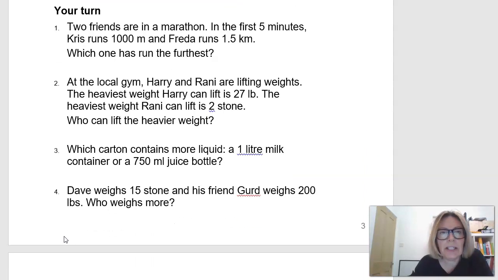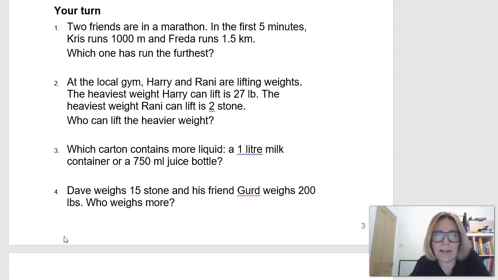So here are some that you can have a go at if you want to see how confident you are. Two friends are in a marathon, and in the first 5 metres, Chris runs 1,000 metres and Frida runs 1.5 kilometres. Who's run the furthest? Well, 1,000 metres is the same as 1 kilometre, whereas Frida has run 1.5 kilometres, so she's run the furthest. Here we've got Harry and Rani lifting weights.